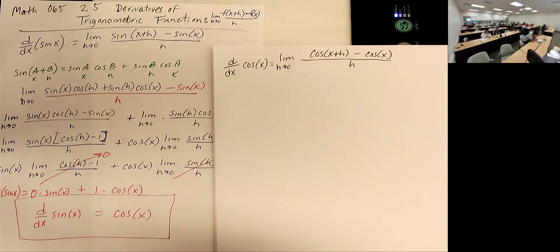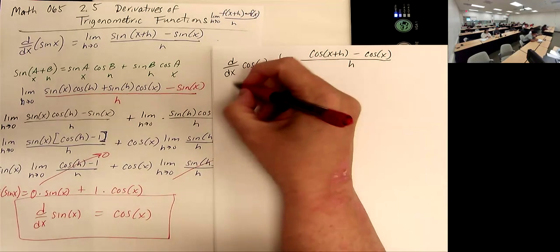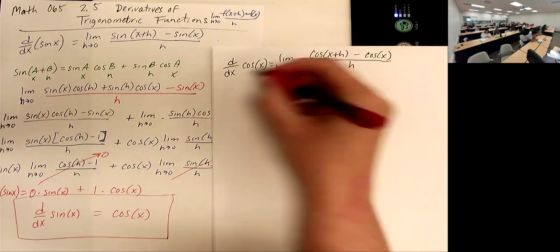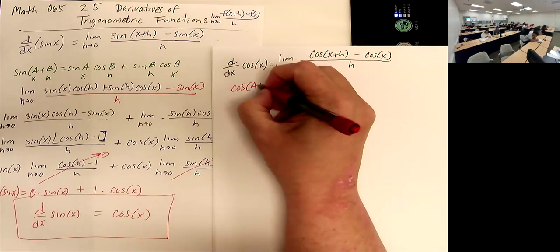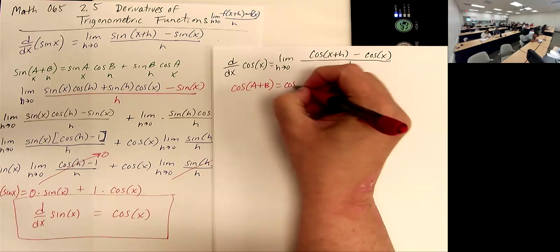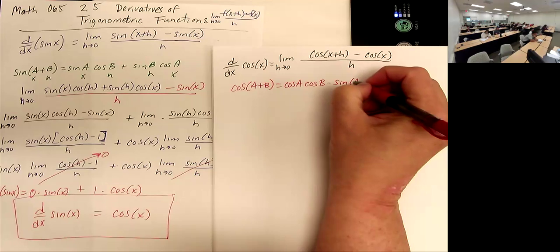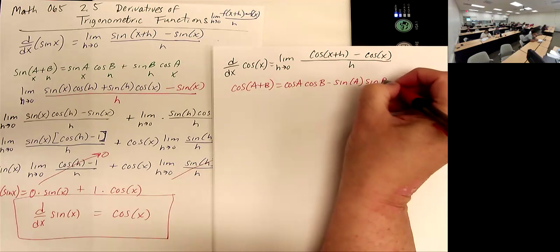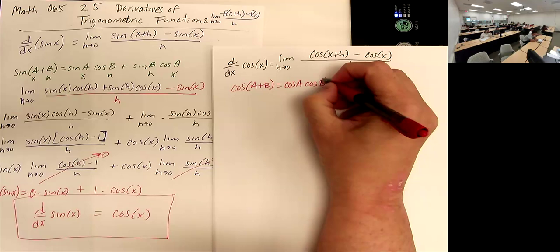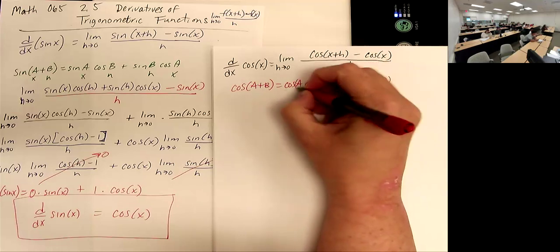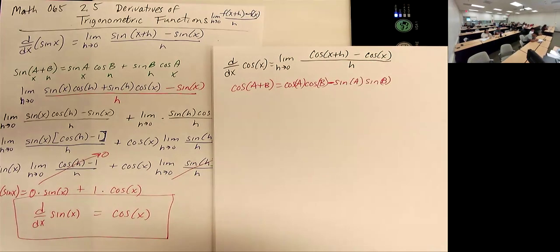And I'll even write down the cosine sum formula. The cosine sum formula is the one where cosine switches signs. The sum has a minus sign and the difference has a plus sign in it. You're done.